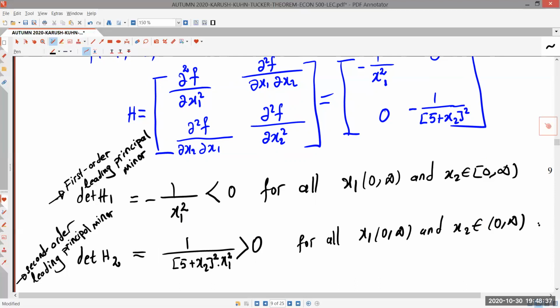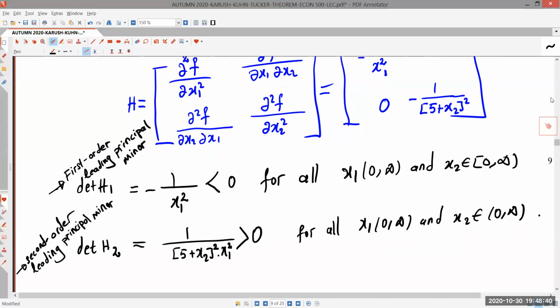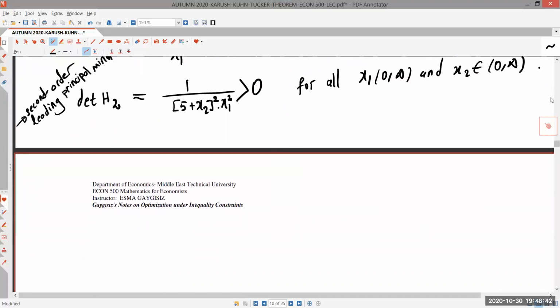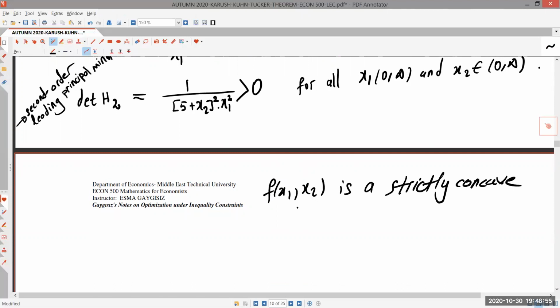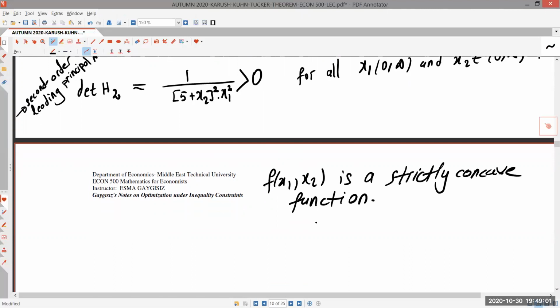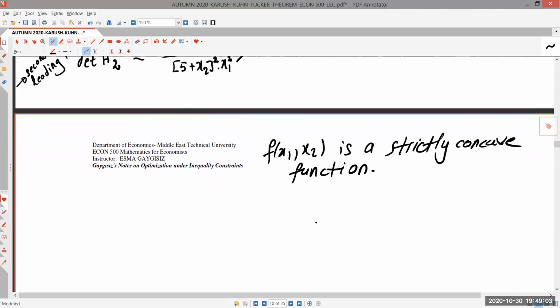If you remember the definition here, this is a concave function. So this function f is basically a strictly concave function. Okay. And here you will find that because it turns into a concave programming, the constraint is concave, the mu is positive, and the objective function is concave.